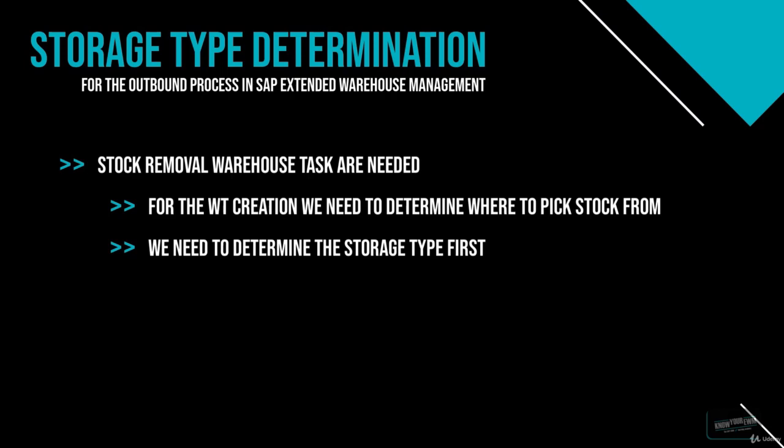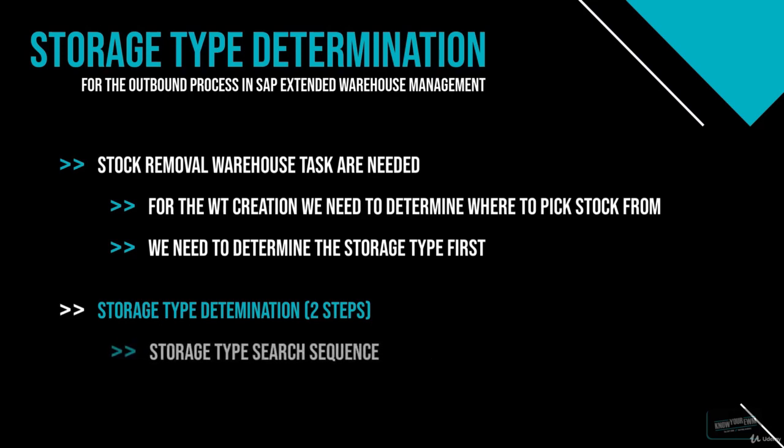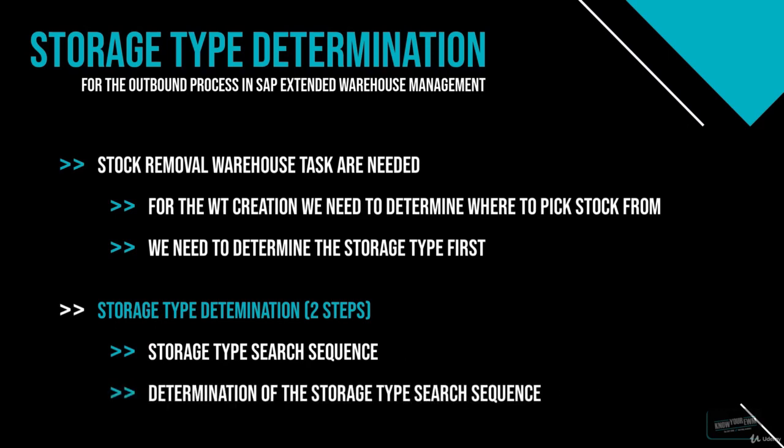Well, and like we had it with the put-away warehouse tasks during the inbound process explanation, we need to maintain basically two steps for that determination. We need to define a storage type search sequence. And we need a determination of this storage type search sequence.